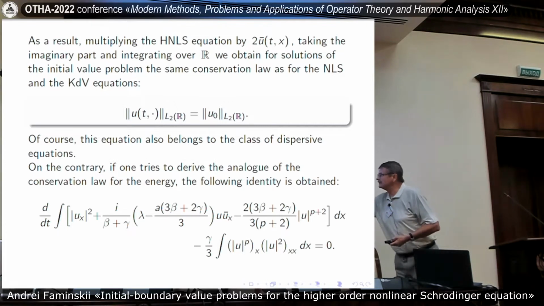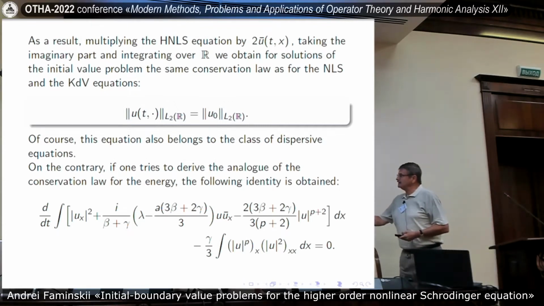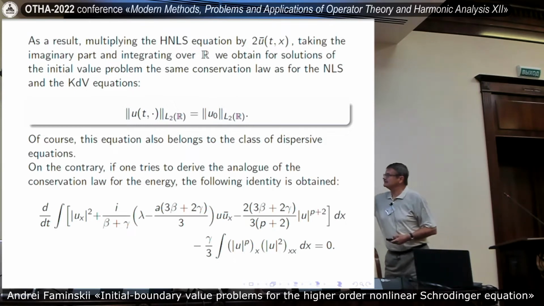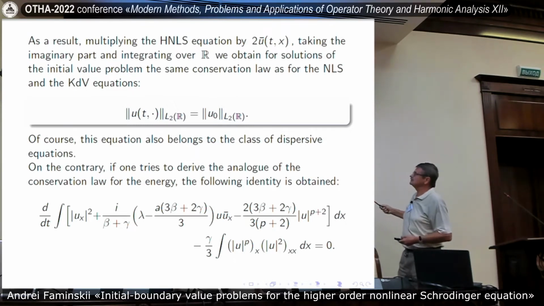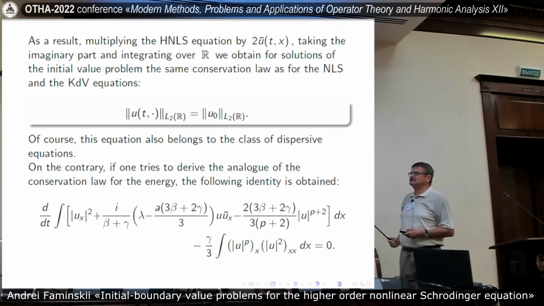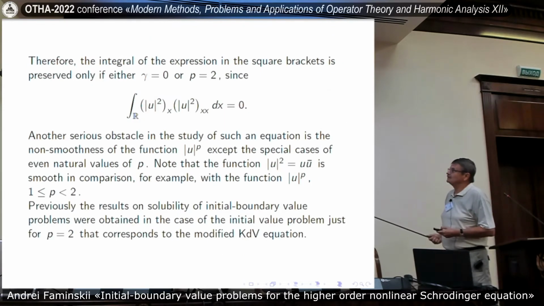Here we have the following equality, and so we have here such a term. And of course, if we want this integral, or this quantity in brackets, to be conserved, then this term must be equal to 0.